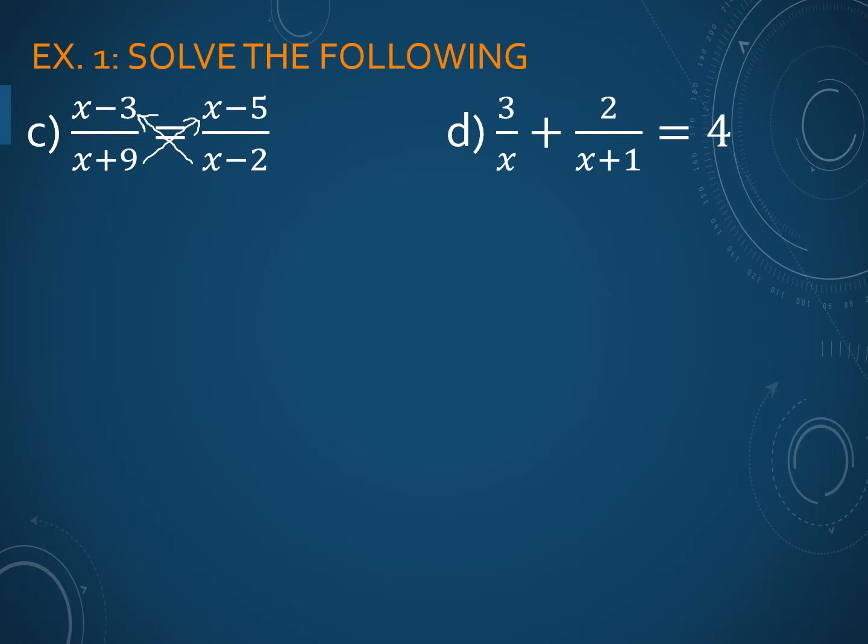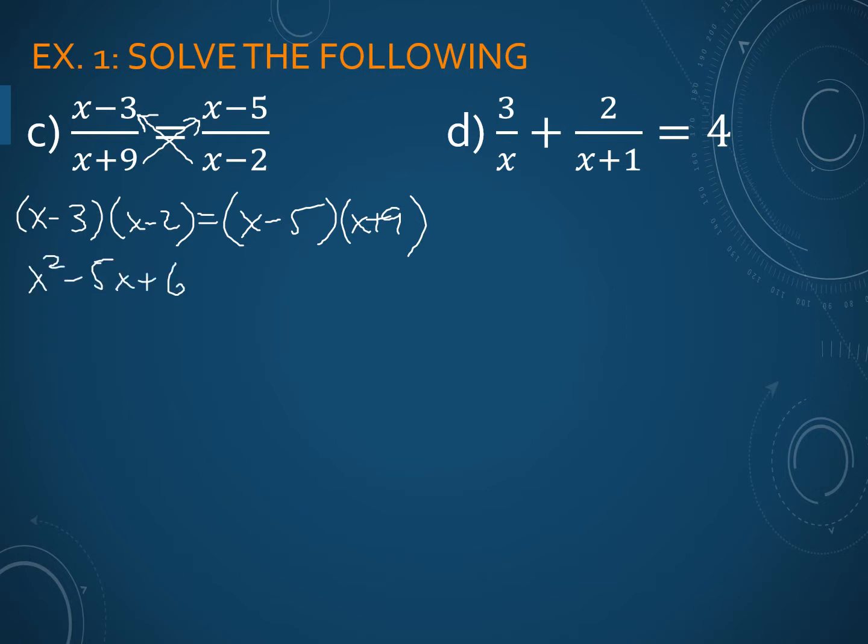So we can take x minus 3, cross multiply by x minus 2, and set that equal to x minus 5, cross multiply by x plus 9. Do some foiling, you're left with x squared minus 5x plus 6 equals x squared plus 4x minus 45.